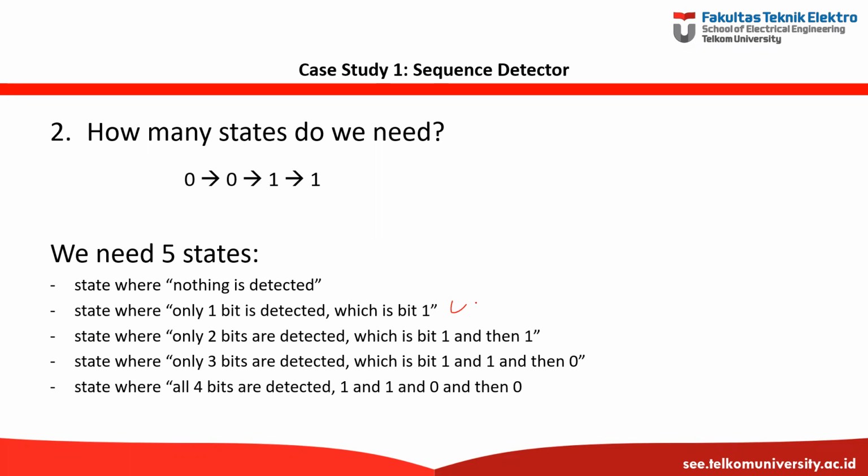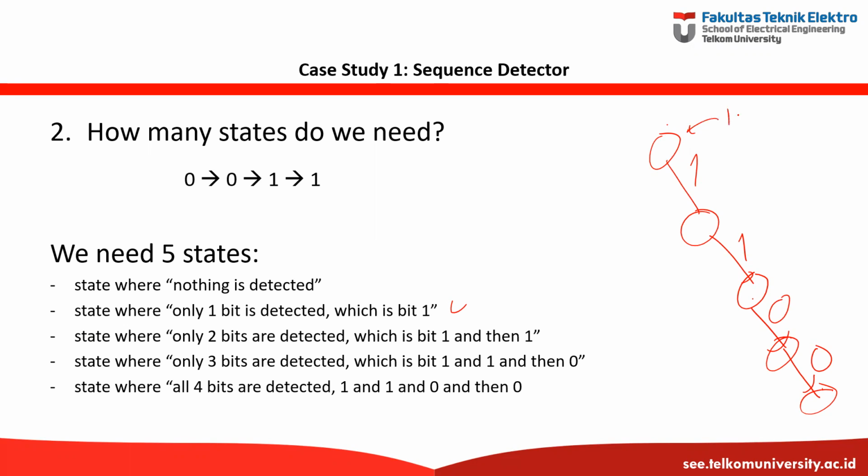And then, remember our previous example. First is 1, and then 1, and then 0, and then 0. So this is the state where nothing is detected. And this is the state where one bit is already detected.